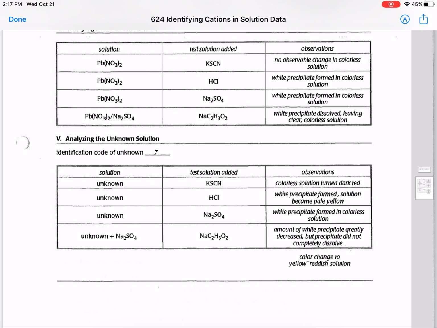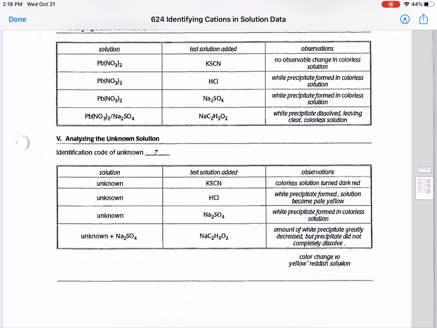So the presence of barium was confirmed when sodium sulfate was added to the mixture, and we saw a white precipitate formed. It says there is a white precipitate, and then the precipitate did not dissolve completely when sodium acetate was added. Okay, and the presence of lead was confirmed by forming a white precipitate when 1 mole HCl was added to the solution.